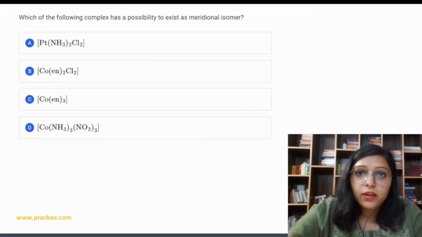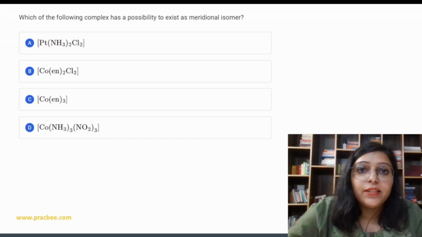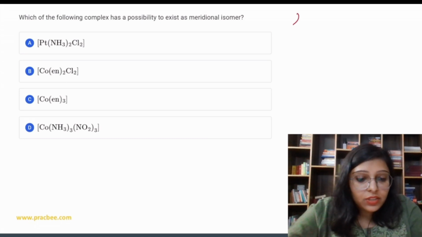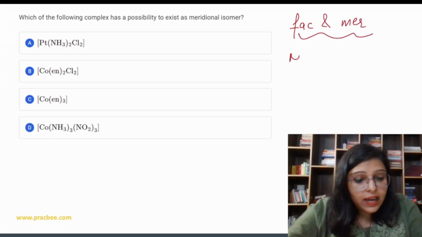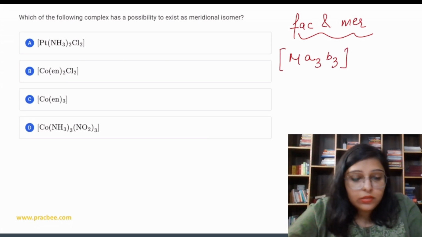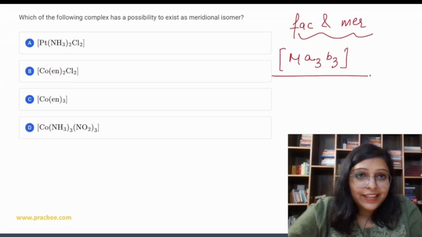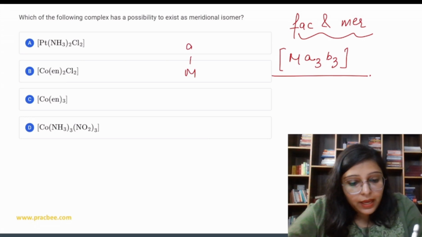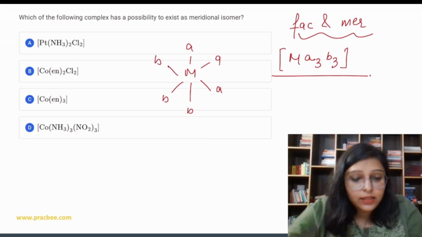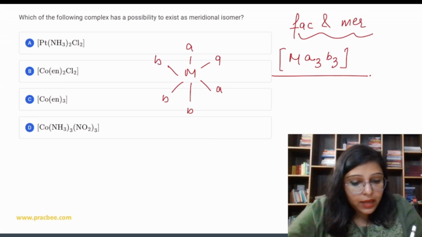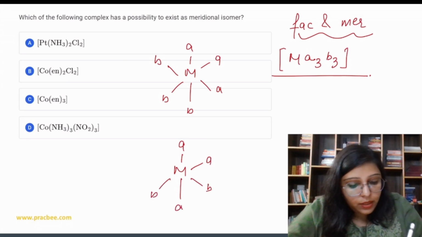Which of the following complexes has the possibility to exist as a meridional isomer? So see, we have the fac and mer isomers. In this we should be having the complex Ma3b3. So fac means MAAA same, and then BBB, in the octahedral one, and meridional is MAAA, then BBB.